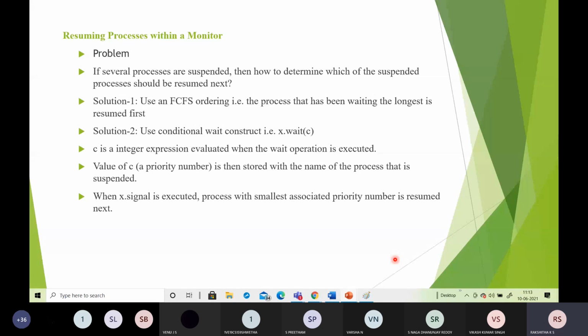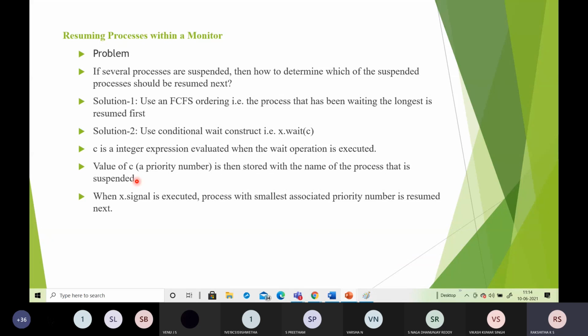The value of that C, that is a priority number, is then stored with the name of the process that is suspended. So once the process enters from the entry section to the critical section, it executes the wait condition. While executing it, the name of the process has to be stored in some storage, with its own unique ID or priority number.